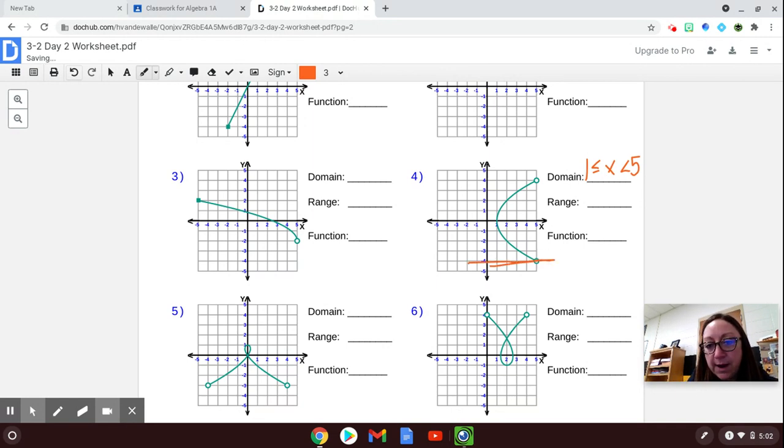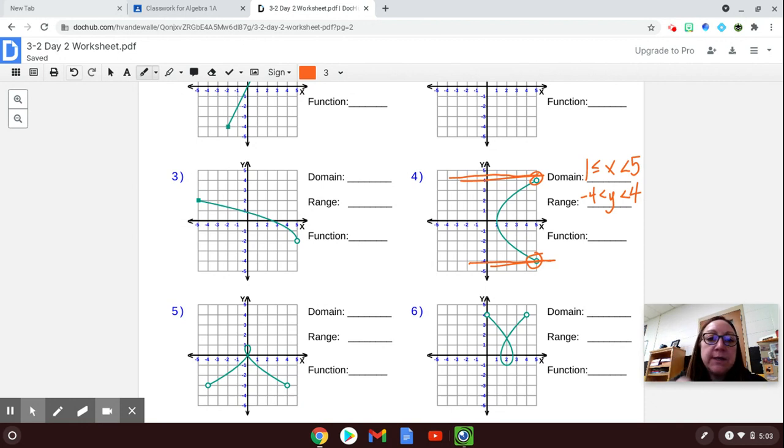So the bottom of the graph is at -4. We're definitely going to have a sign pointing this way, and then the y, and then the top of the graph is up here at +4. Now the bottom of the graph has an open circle, and the top of the graph has an open circle. So we're going to leave both of those as less than signs, not equal.